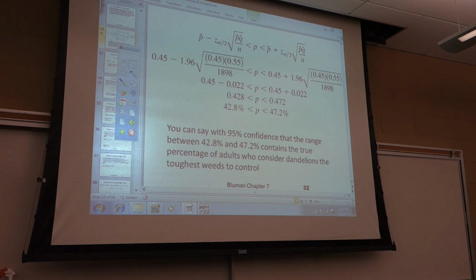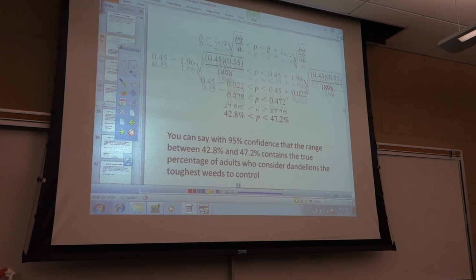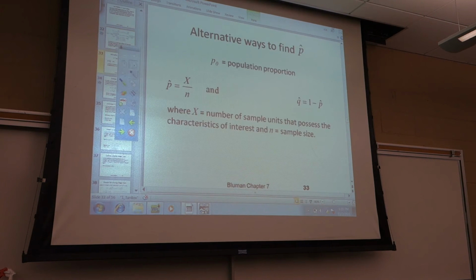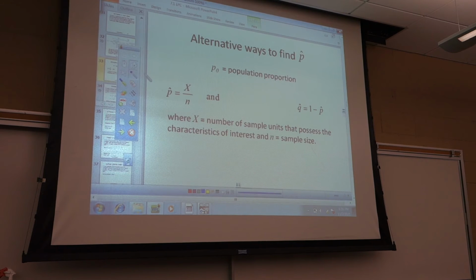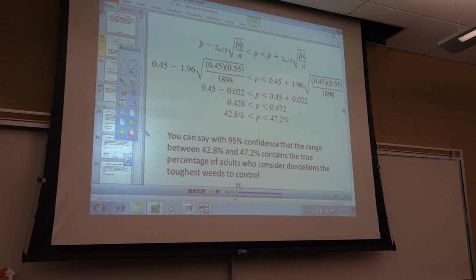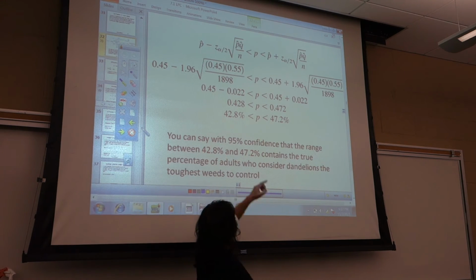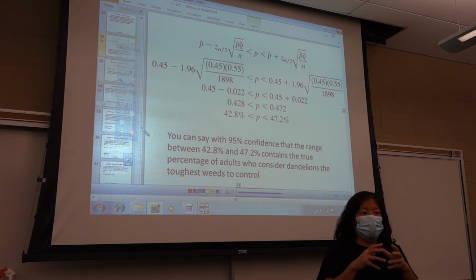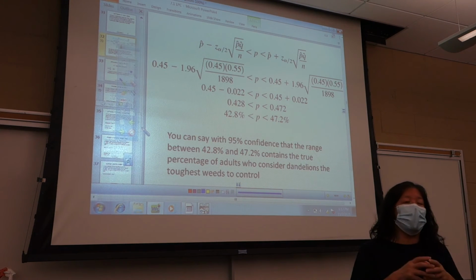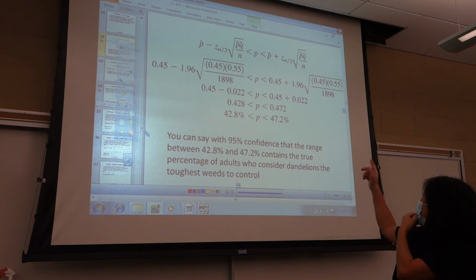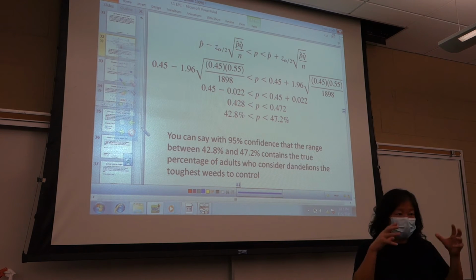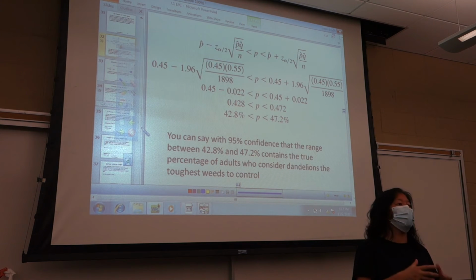Here is maybe prettier, with a little more detail, not necessarily. All right. So one quick comment. Remember when you're evaluating this, start from the inside out. Do 0.45 times 0.55 divided by 1898 first, then square root that.